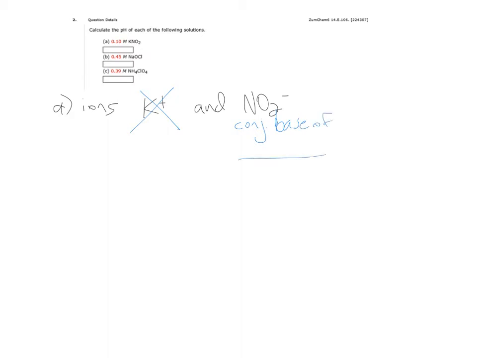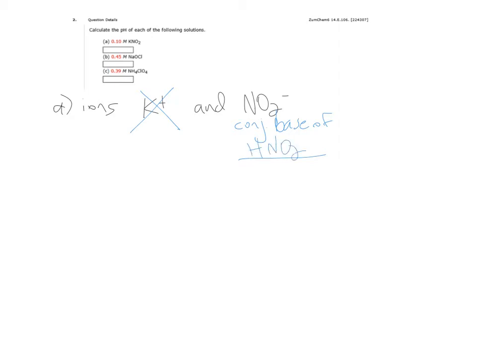Nitrite is the conjugate base of something. We'll figure out what that thing is and then ask ourselves whether it is strong or weak. If it's weak, then the nitrite ion is important in determining pH. If it's strong, it's not important. To figure out what nitrite is the conjugate base of, you would add a proton to it.